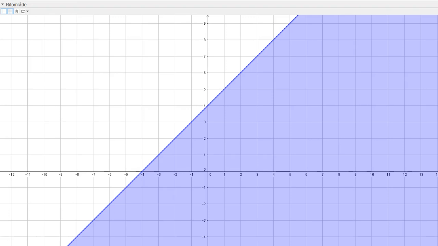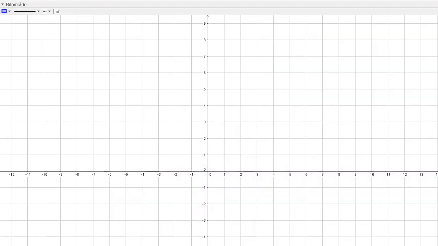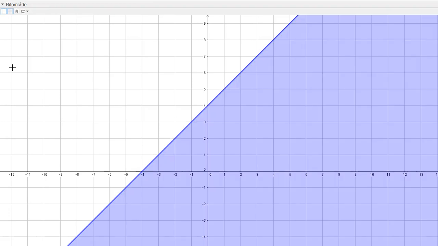Let's see with less than or equal. This is now less than or equal. We're talking about the same area under the line, but the line now is solid. That means the points on the line are included in the solution.